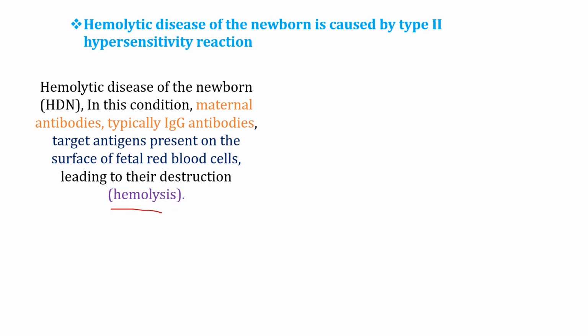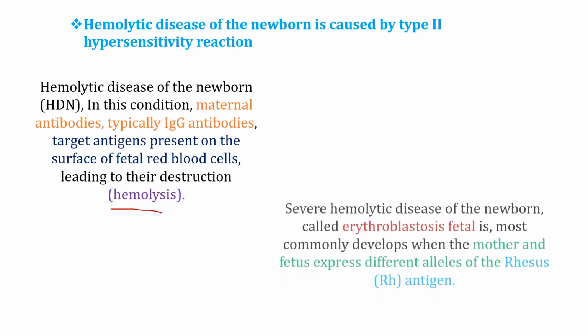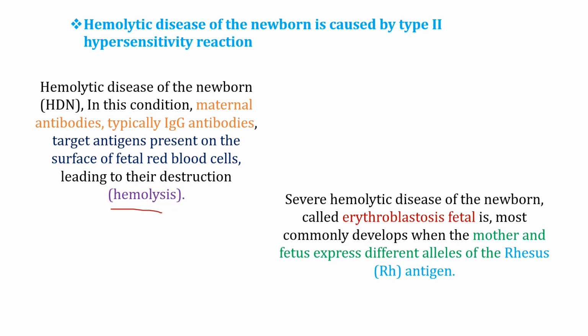So hemolytic reactions are caused by blood group incompatibility between the mother and the fetus, such as Rh incompatibility or ABO blood group mismatch. This condition can lead to jaundice, anemia, and other complications in the newborn if left untreated.